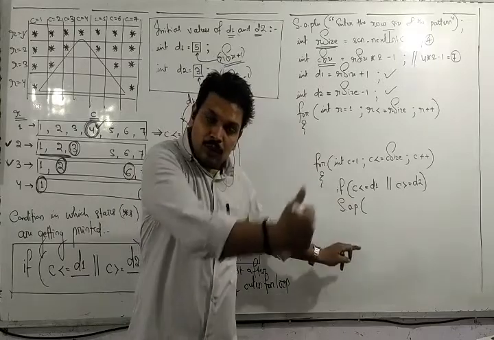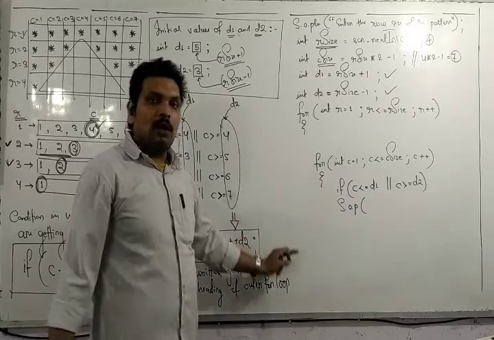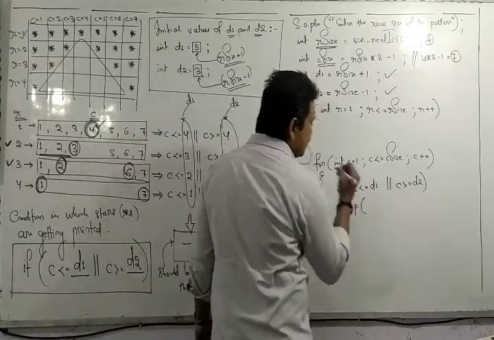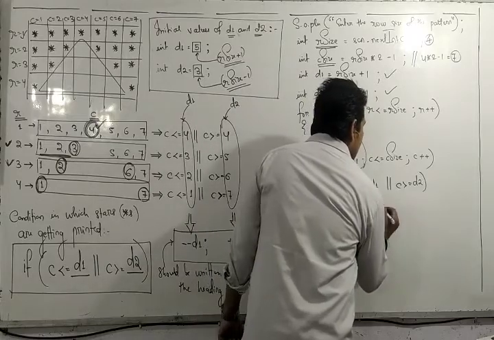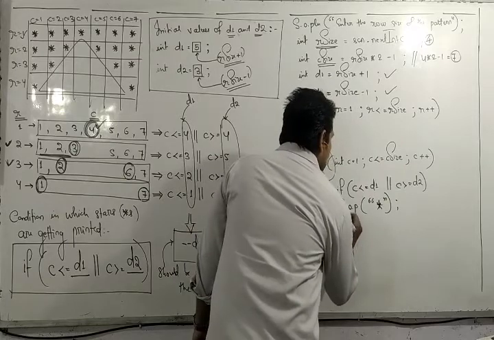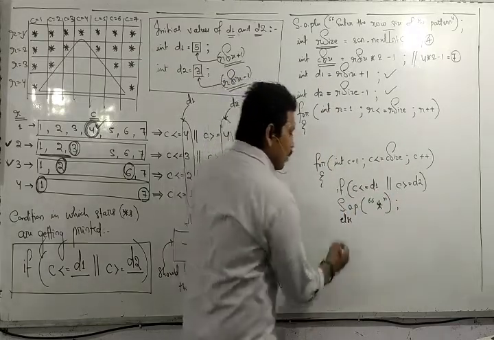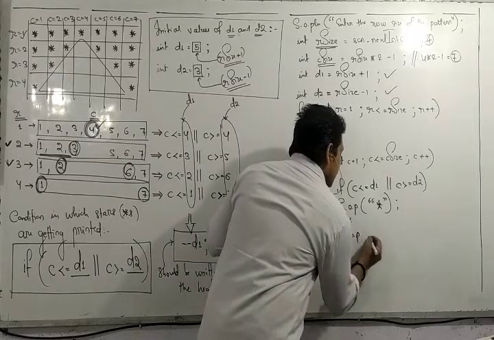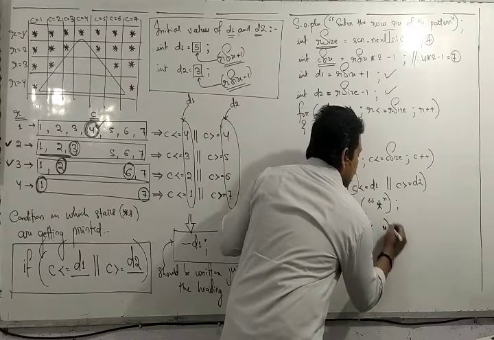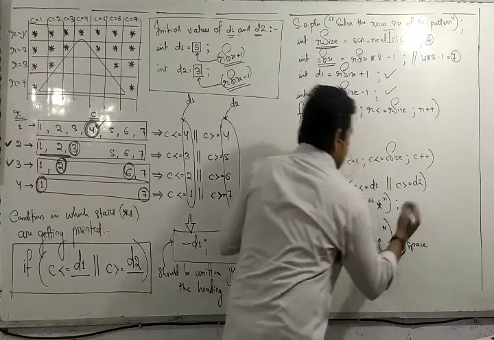Then how to bring the cursor to the next line? Just after the inner for loop, but within the body of outer for loop, we will write system.out.println. I will show you. So system.out.print, I will print one star. And else, if this condition gives false, then the control will go to the else part and we will print one space.